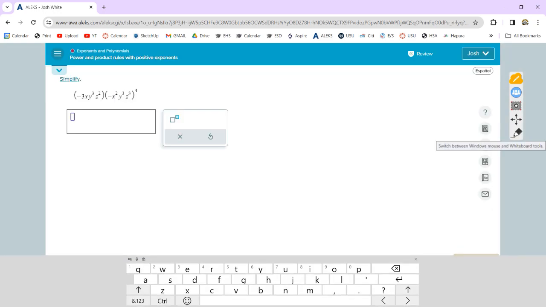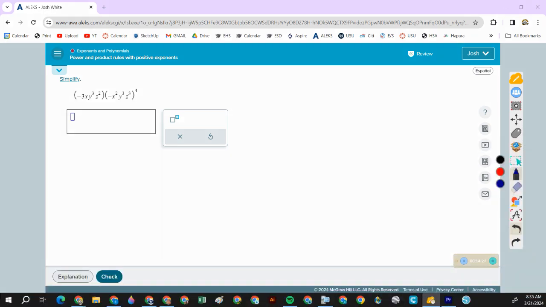Okay, what do we do here? Well, I need to multiply all of these by 4. So the first one is still negative 3x y to the third z squared. And the next one, don't forget that the negative has to go in parentheses. And then y to the 12th, z to the 12th.